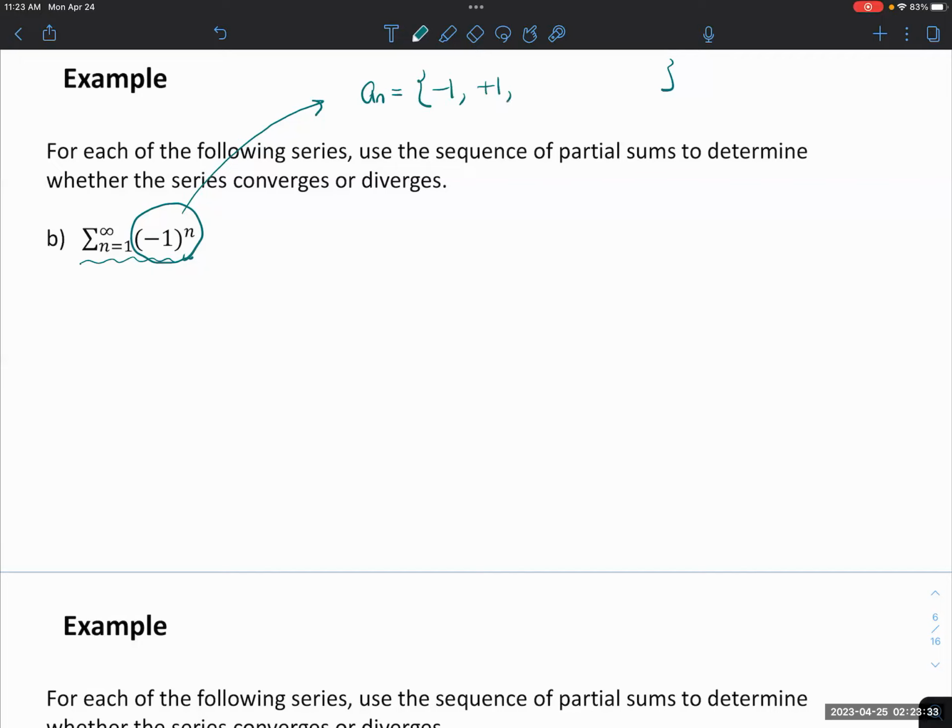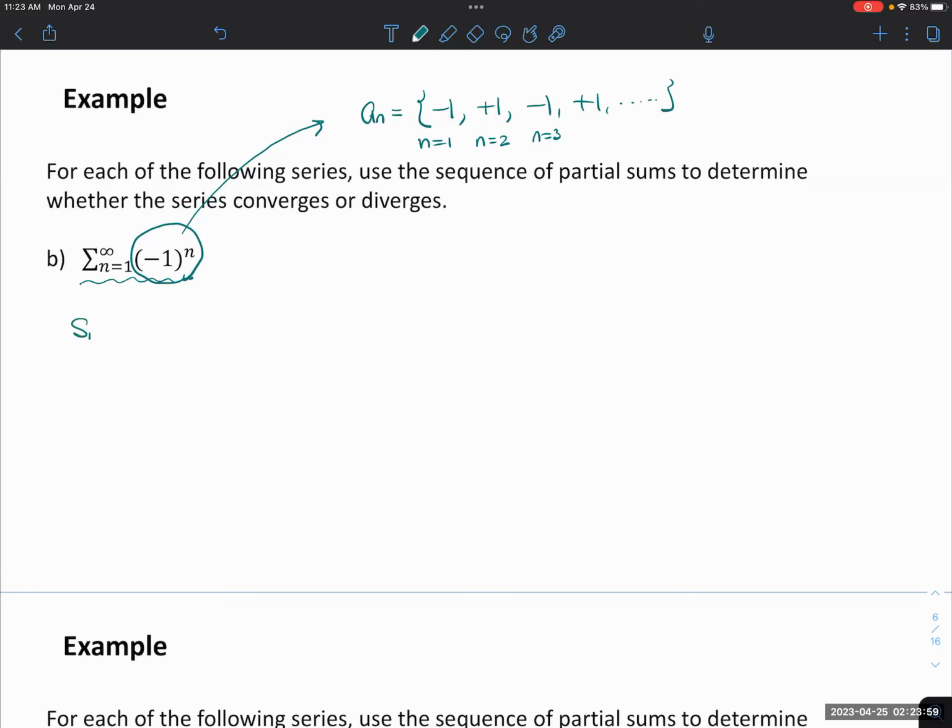If n is 3, -1. So this is the pattern, -1, +1, -1, +1, they keep going. I just write a couple terms of the sequence, and then we're going to know whether this is a convergent or divergent series. So let's write a couple partial sums as well.